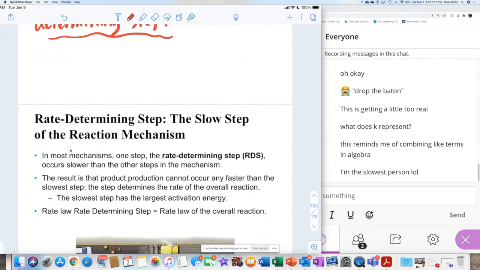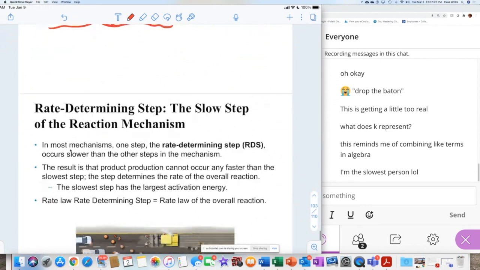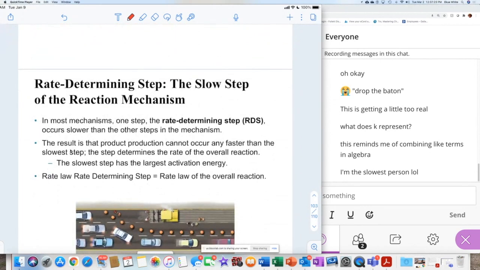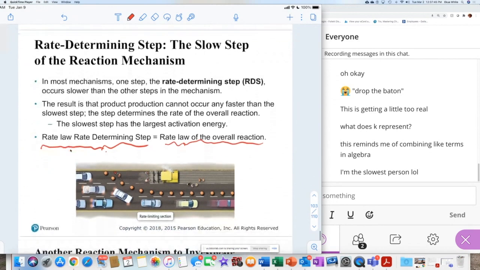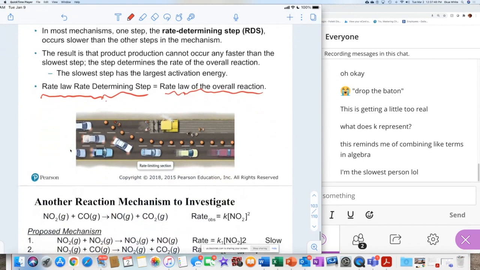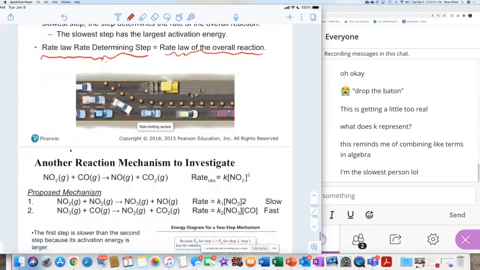In other words, the deep message communicated by all we're learning here is if you want to make the reaction go fast, spend time on the slowest person or the slowest step. Make that step faster because the rate law of the rate determining step is the rate law of the slowest reaction and therefore the rate law of the overall reaction. So you want to make sure the slowest person is moving faster and that affects the whole reaction.